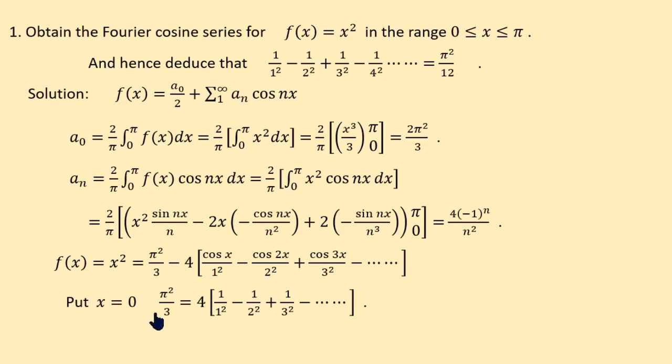Dividing by 4, you will get pi square by 12 is nothing but 1 by 1 square minus 1 by 2 square plus 1 by 3 square. So this is how we can deduce the result by substituting x equal to 0.